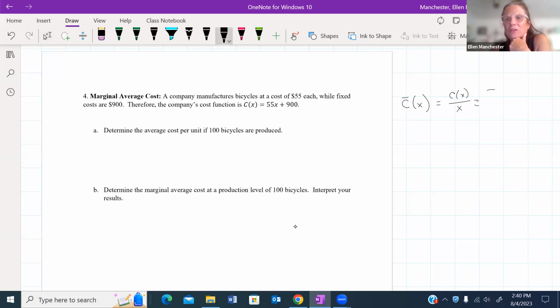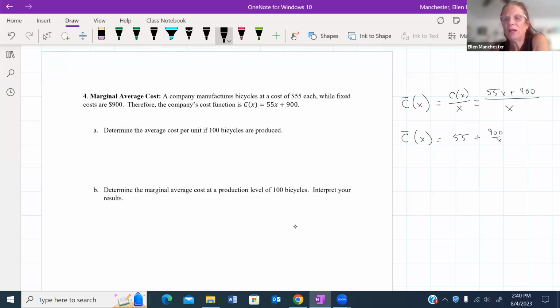So our cost function is 55x plus 900, divided by the number of products. You can leave it this way, or you can simplify by dividing both the 55x and the 900 by x. So 55x divided by x is just 55, and then 900 divided by x, you can write it this way.